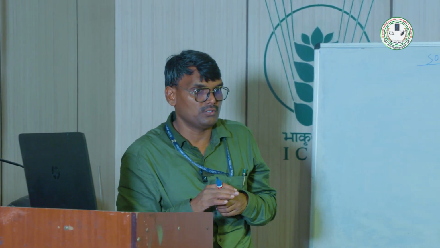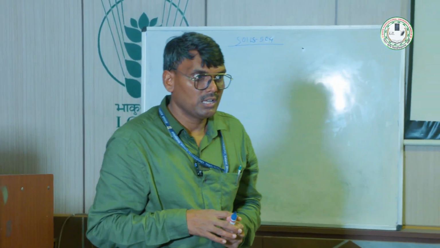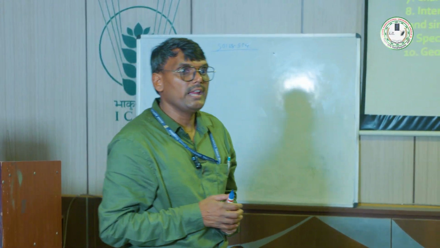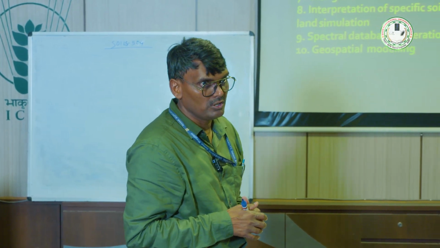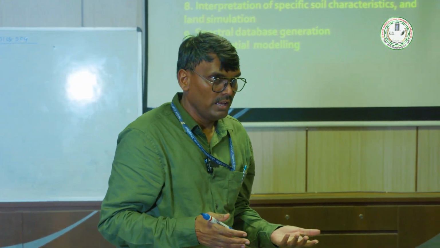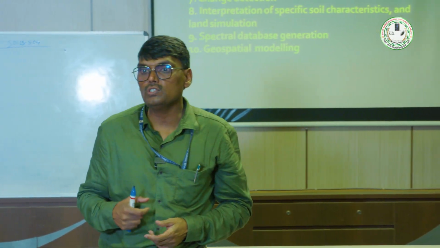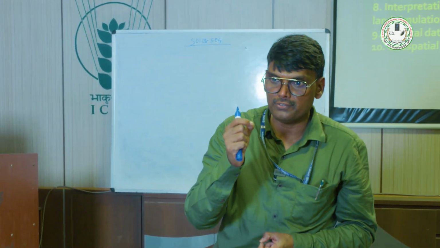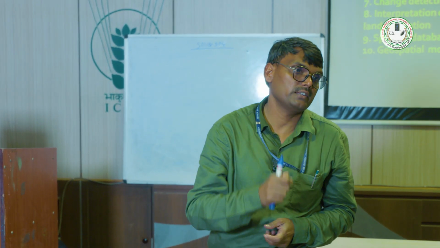Interpretation of a specific, which has been covered, a spectral database. When we go through clay mineralogy, analysis of clay mineralogy, in that case we use the spectral properties of the target.